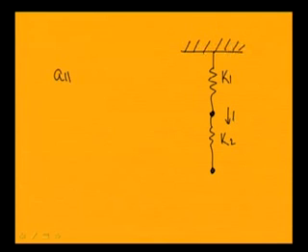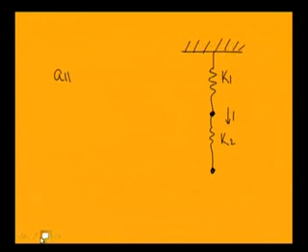That means a unit force is applied at this position, but there is no force at the other position. What is the displacement at this point? This is a simple spring where a unit force is acting, so the displacement will be equal to force divided by the stiffness of the system. So A11 becomes 1 by K1.